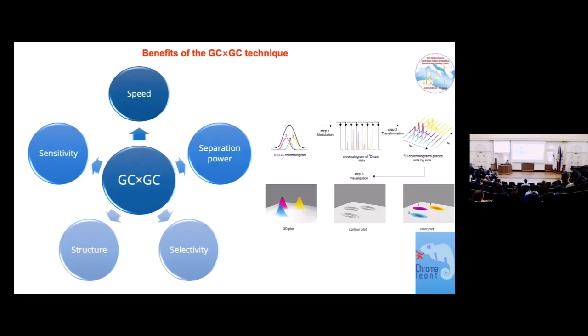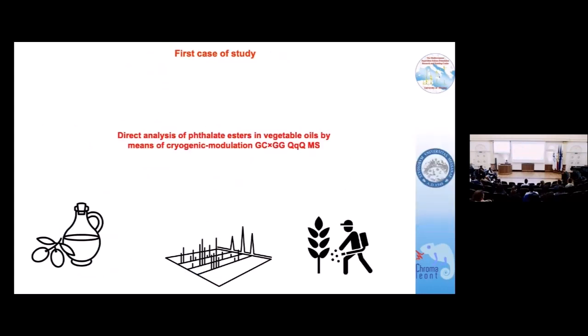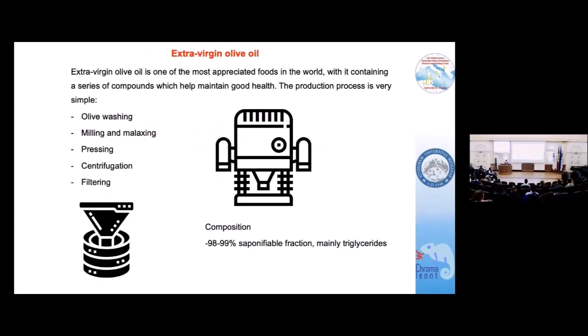I know it could seem a strange definition because we are going to define a highly informative technique with a selective detector, but in this case, the enhanced sensitivity of both the separation side and the detector side will help us to increase the sensitivity and thus reduce the sample preparation, thus the extraction and the concentration of the analytes. The first approach was very simple.